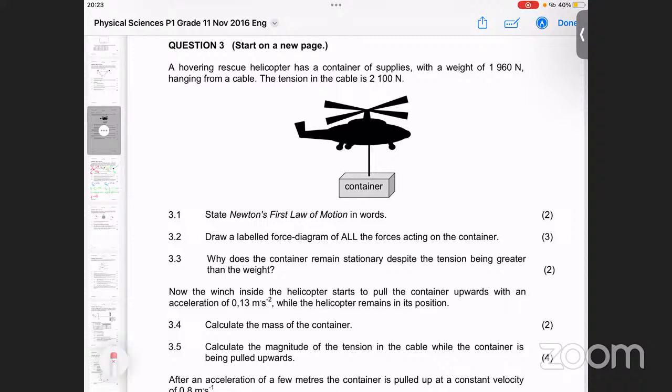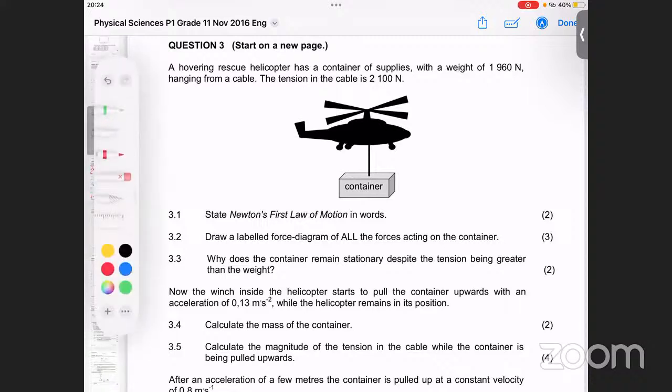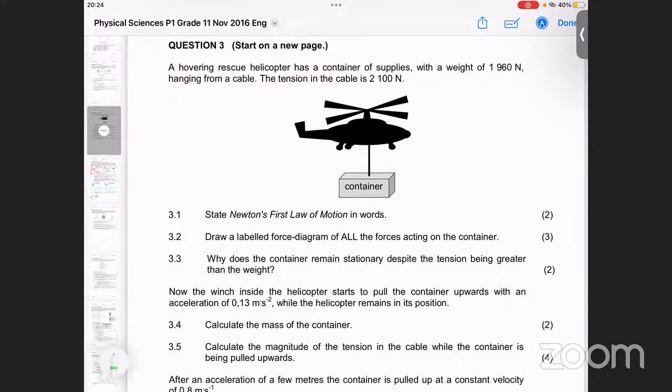Okay, so now they're saying draw a labeled force diagram of all the forces acting on the container. Anyone to describe how we can draw a labeled free body diagram for that one?